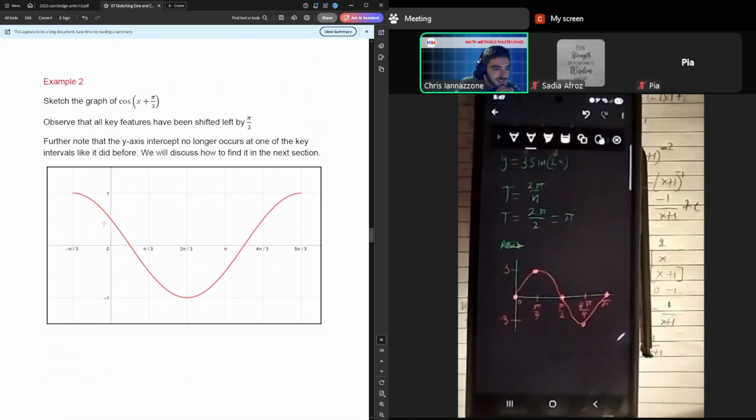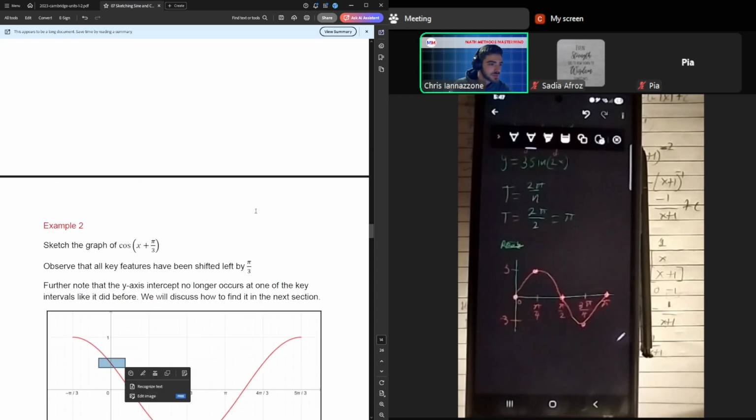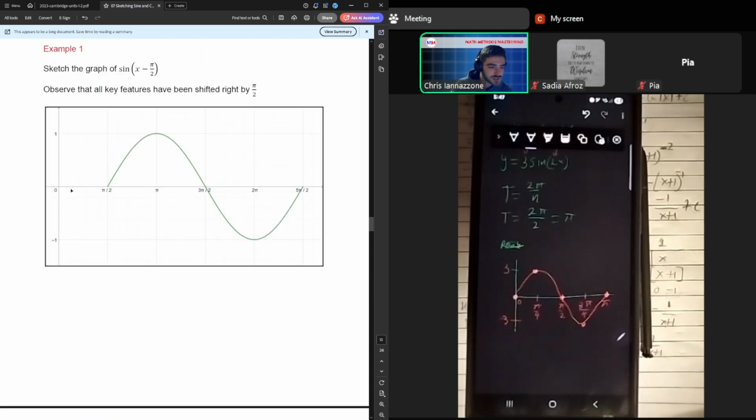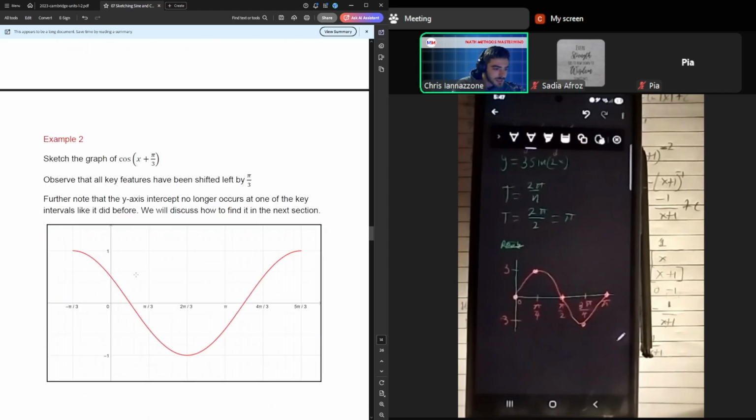What we find is that for certain horizontal translations, you may also need to additionally find a y-intercept, depending on your domain. Like this domain here didn't touch, so we didn't need it. This domain here did touch, so we do need to now find this. That doesn't happen if you don't have a horizontal translation. Your y-intercept, if you have no horizontal translation, will always be one of those key features, which is why we didn't need that last time.